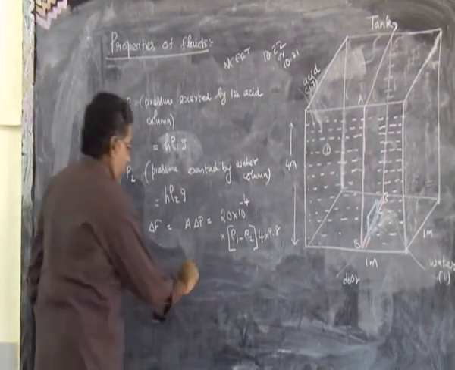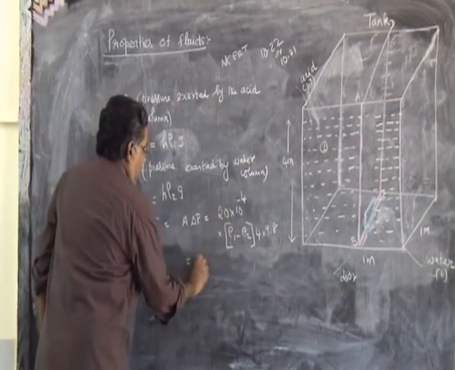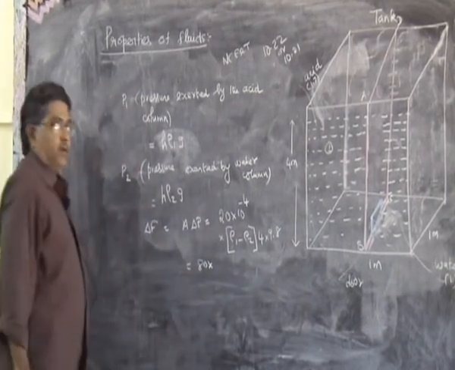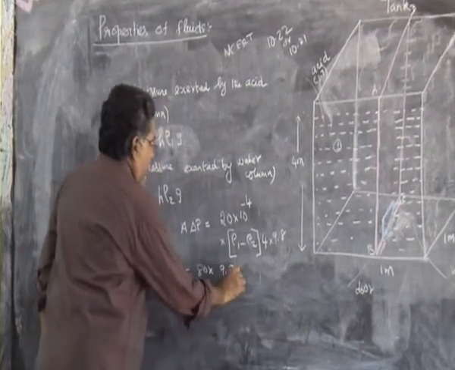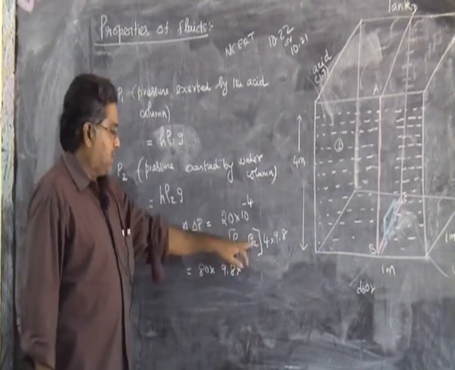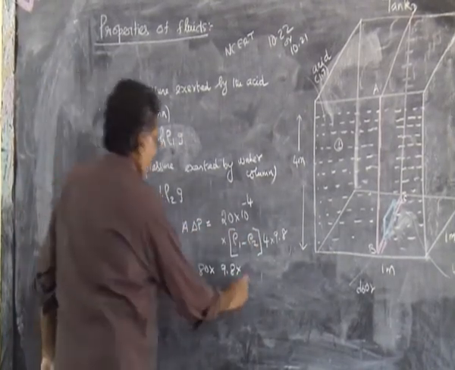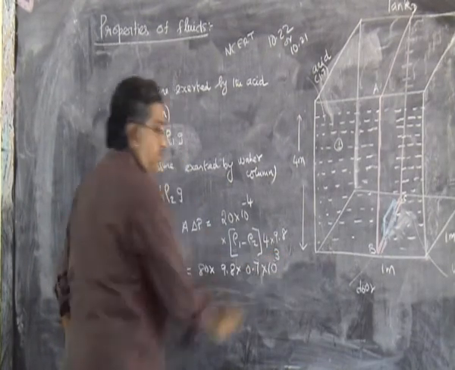Very simple. This is simply 20 into 4, 80, into 9.8, into 1.7 minus 1, into 1000 because density, so 1000.